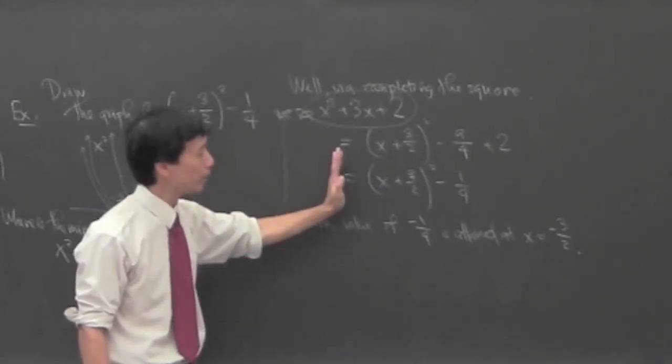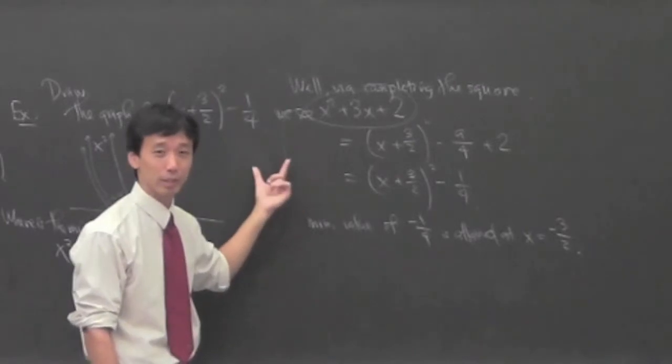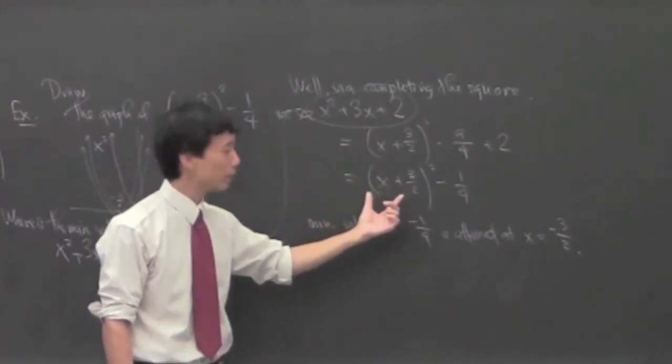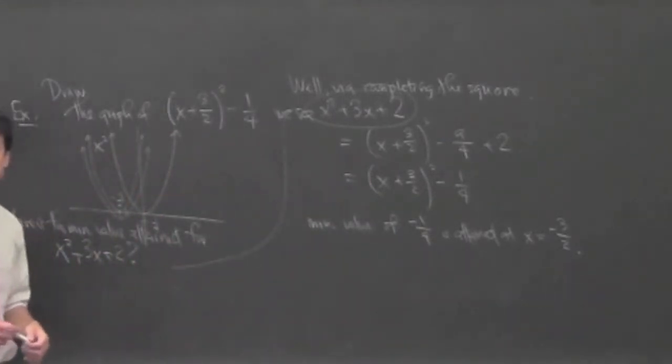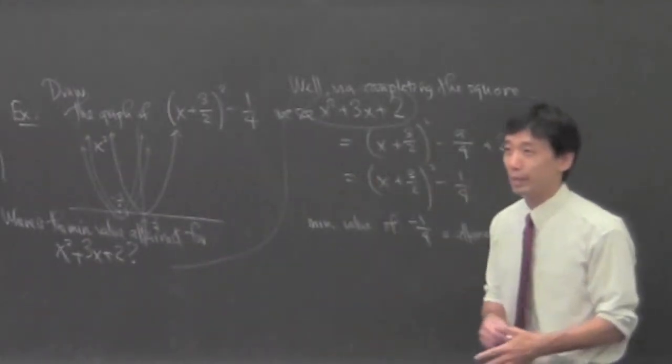Well, you complete the square. You recognize this thing is a double translation of the graph of the function f equals x squared, and then say, okay, well that's where it is. Is everyone all right with that?